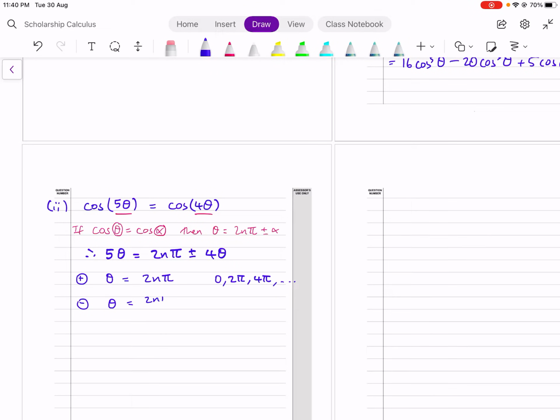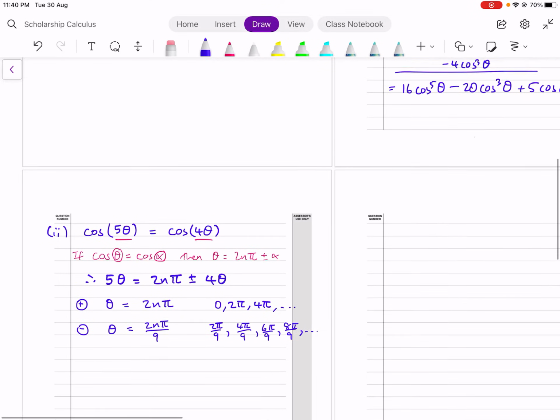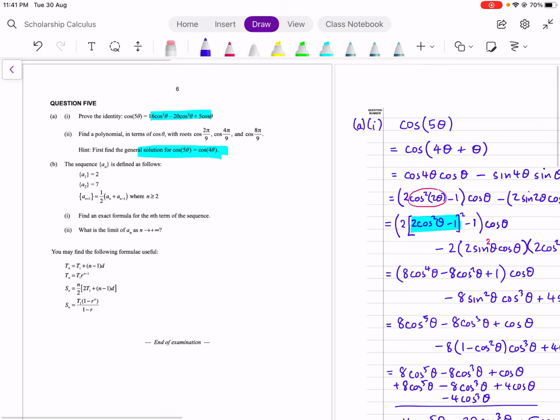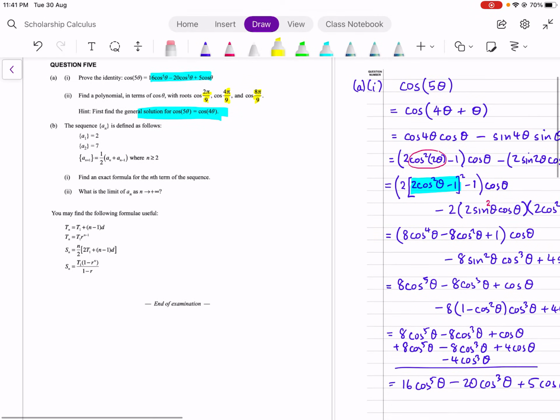So it'll be 2n pi over 9, which gives you 2 pi over 9, 4 pi over 9, 6 pi over 9, 8 pi over 9, etc. And that's the connection between the hint and the thing we're trying to do. It says here 2 pi over 9, 4 pi over 9, and 8 pi over 9. Okay, so we're on the right track.